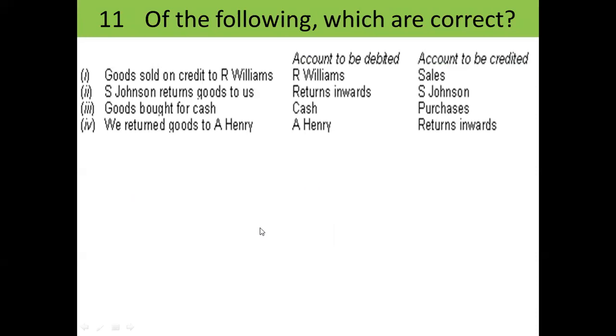Next question is 11. Which of these transactions are correct? Goods sold on credit to R. William, debit R. William and credit sales. This is correct.